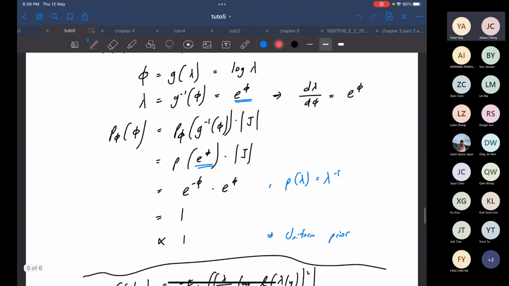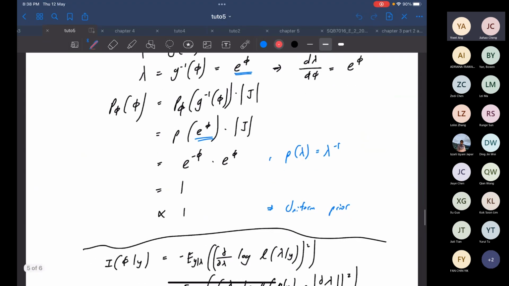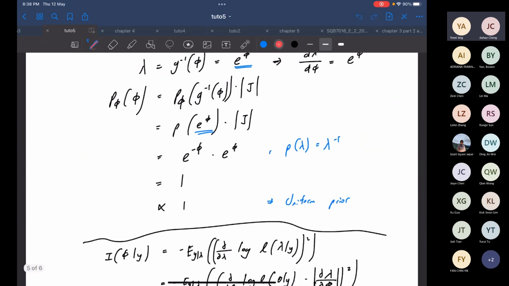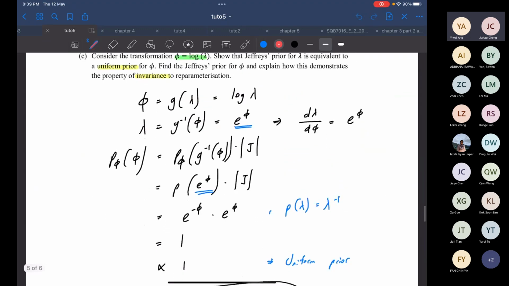We get the Jacobian, and we substitute into the prior function in terms of phi, and we should get proportional to 1. So we can see it is a constant value, it is a uniform prior. Also, we need to demonstrate the property of invariance to reparameterization.